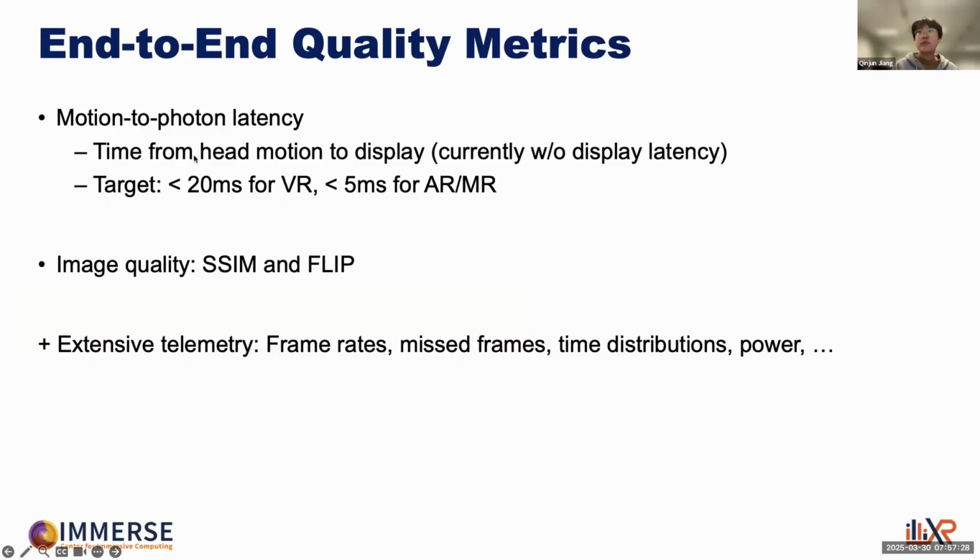This will include the motion to photon latency, which is the time between the user actually moving their head until the corresponding pixels are displayed. This is a very standard, commonly used metric in XR. Other things include metrics for image quality, such as SSIM and FLIP, and also you can collect frame rates, missed frames, and time distributions of different components, and also power consumption of the entire system.